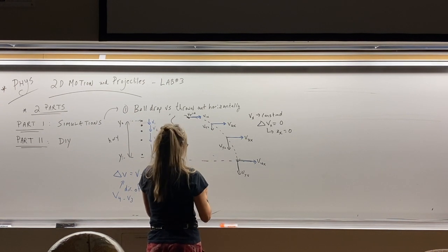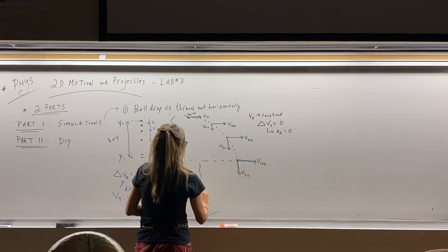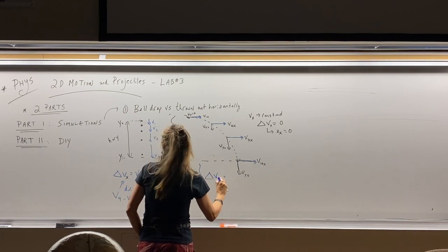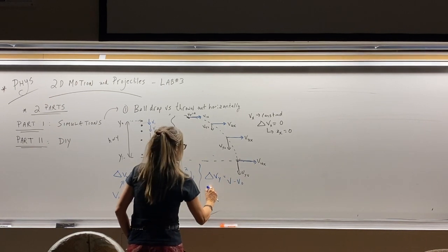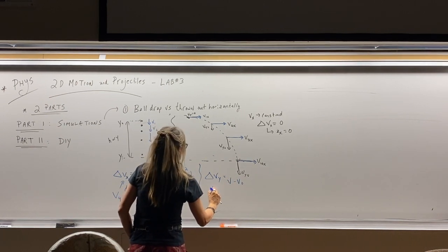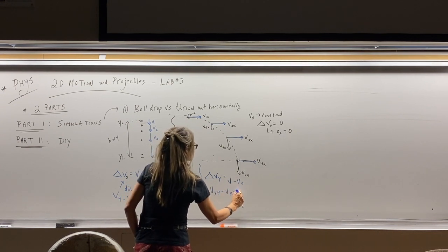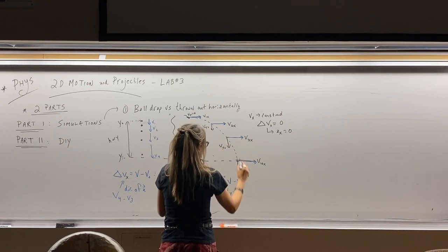And you can see that you're going to still have the same difference. So in this case, if we look at delta Vy, which equals V minus V naught, and we do Vy4 minus Vy3, we're going to have this difference. I should show this again.